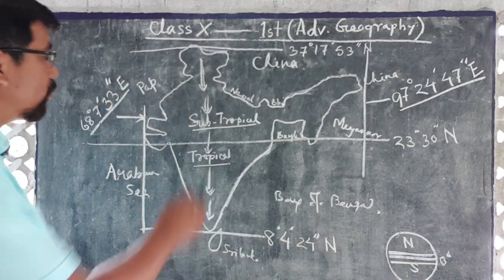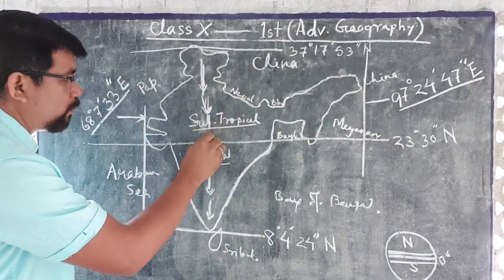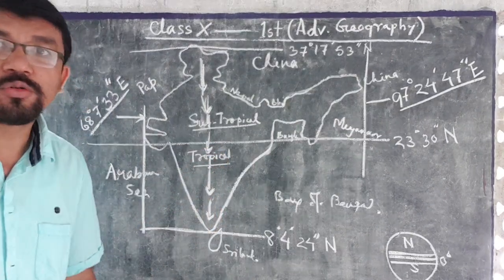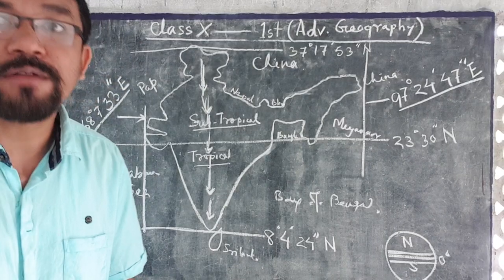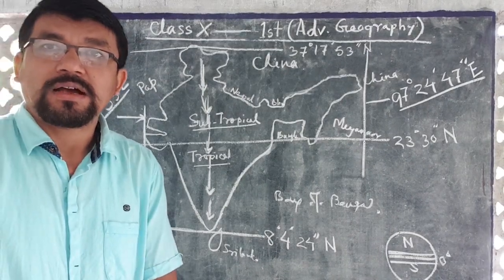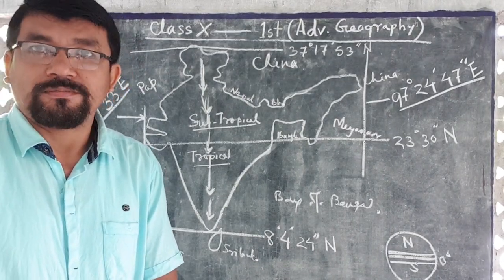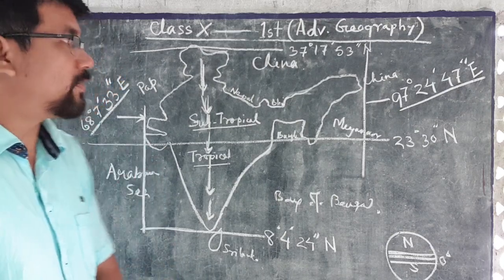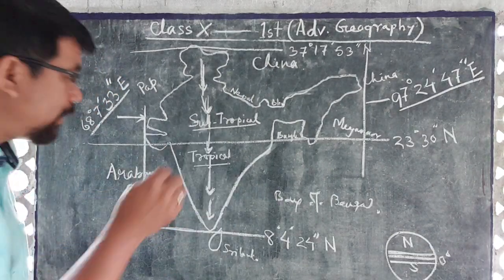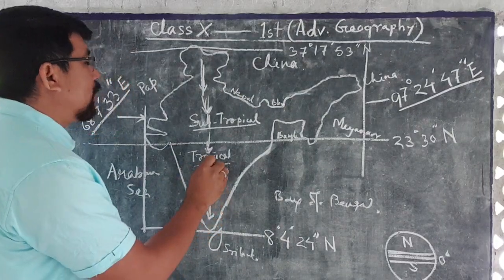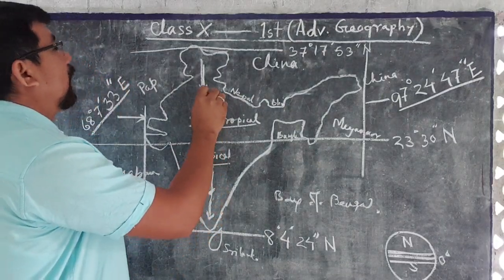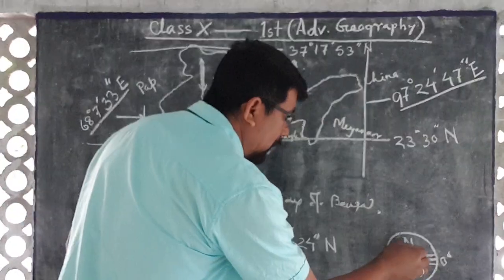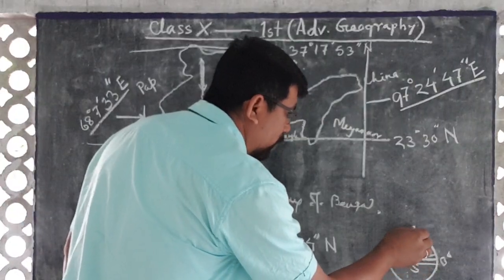So, if we move to the direction of South India, that means we are going very nearby the equator, and gradually temperature is increasing. If we move to the upward direction of our country, then we are gradually going to the direction of North Pole.